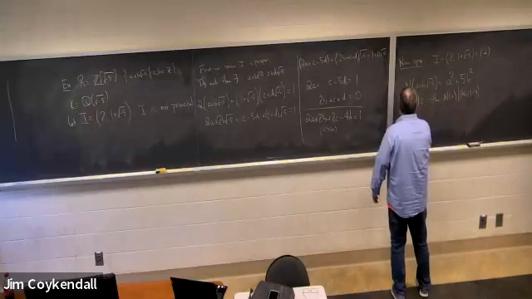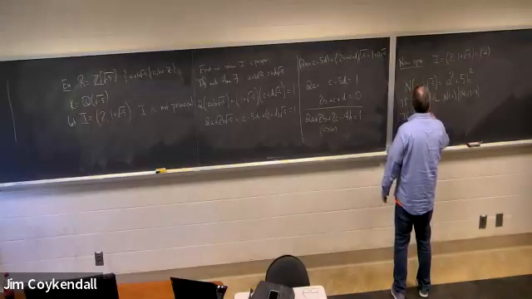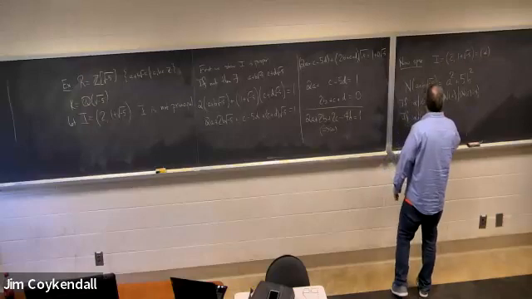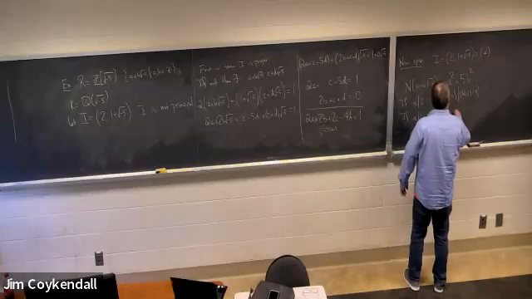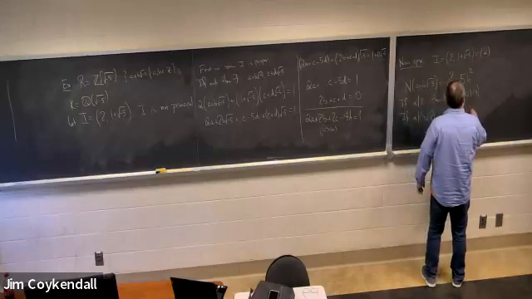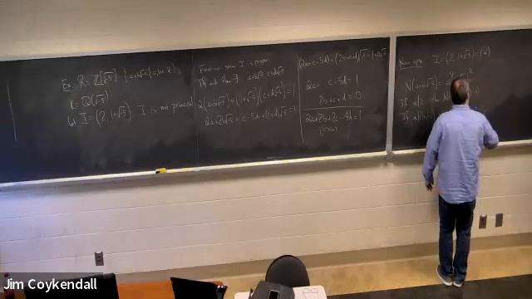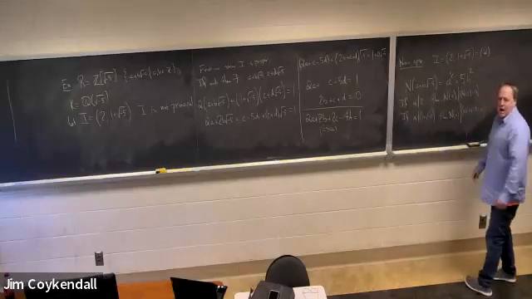If alpha divides 1 plus radical negative 5, then the norm of alpha divides the norm of 1 plus radical negative 5, which is 6. Right?